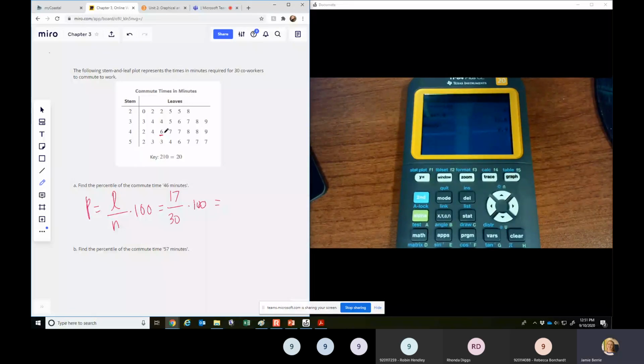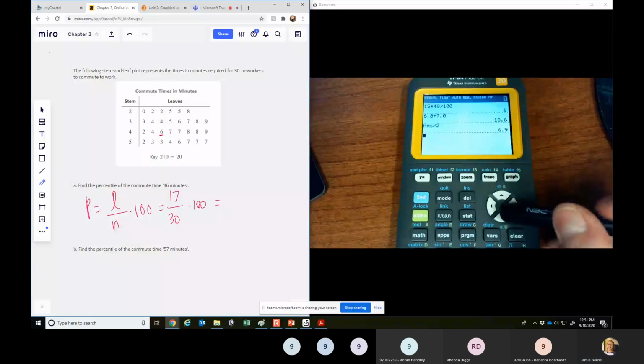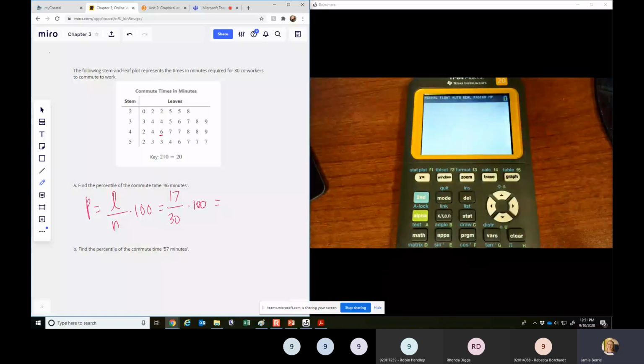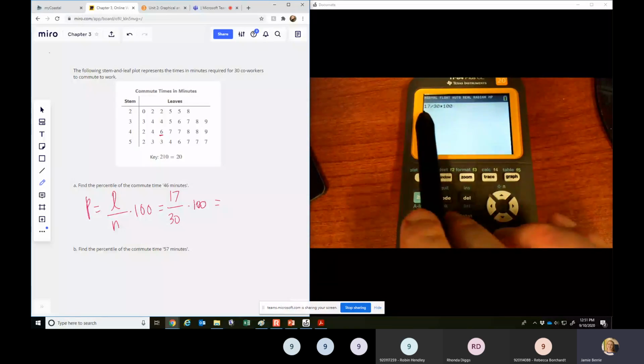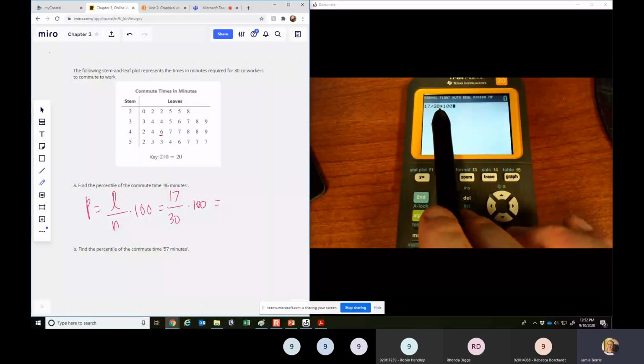All right, so let's take your calculator over here. 17 divided by 30 times 100. You can do this all in one line. Notice that I didn't have to put anything in parentheses here. Once you type the 30, your calculator knows, okay, she's done in that fraction since she typed the multiply sign.